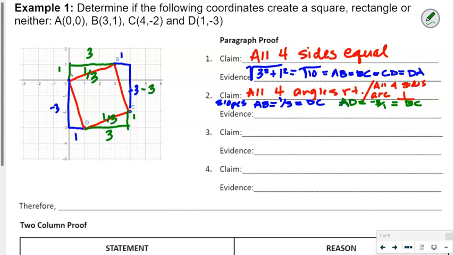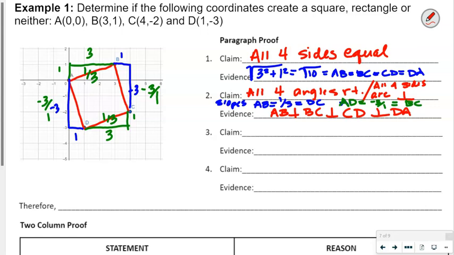This one was -3 and -3 because it's -3 over 1, right? So can you tell that consecutive sides are perpendicular, right? All four sides are perpendicular. So let's go ahead and write that statement. That means AB is perpendicular to BC, is perpendicular to CD, is perpendicular to DA.